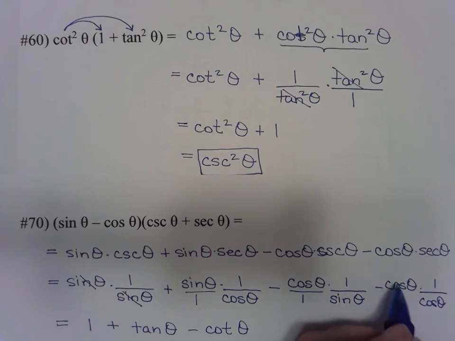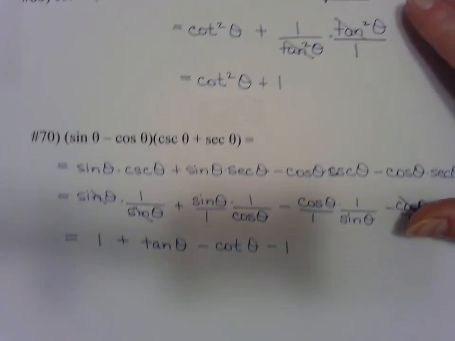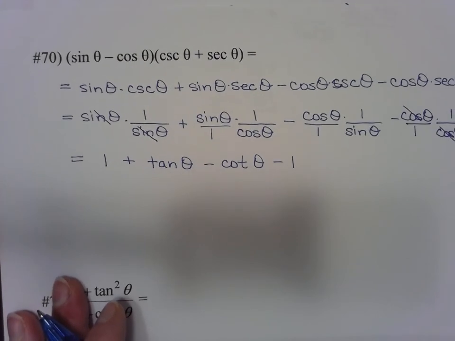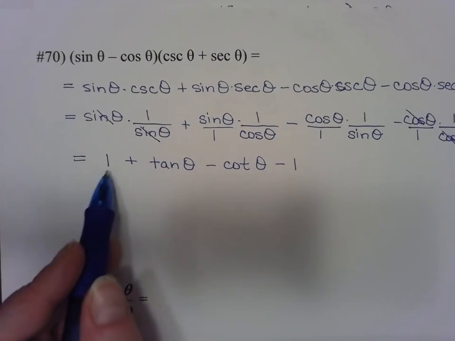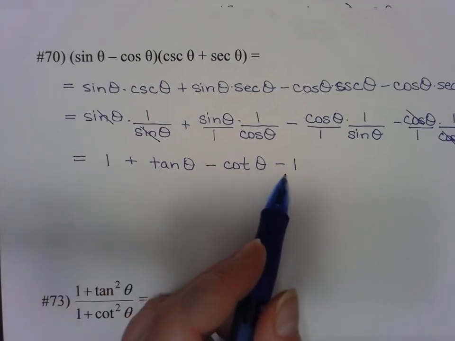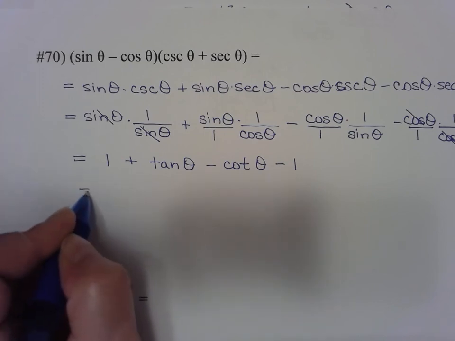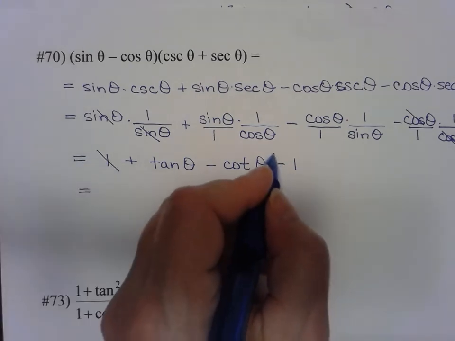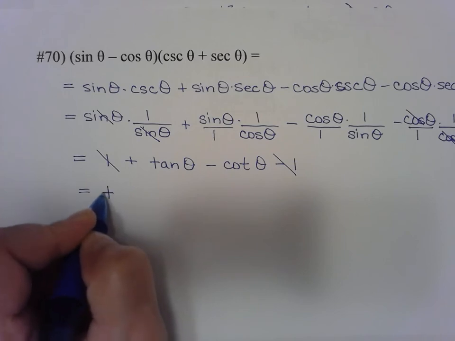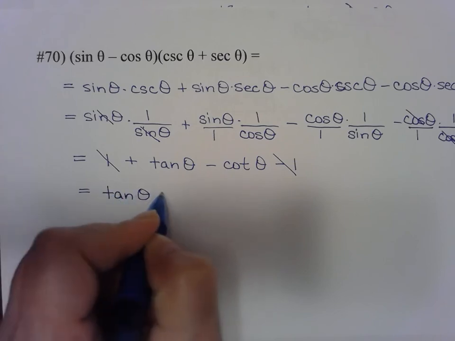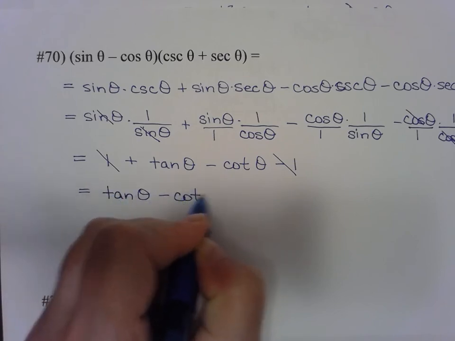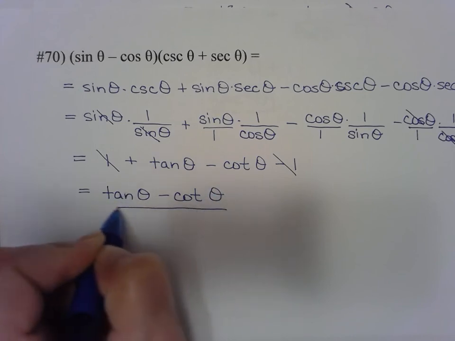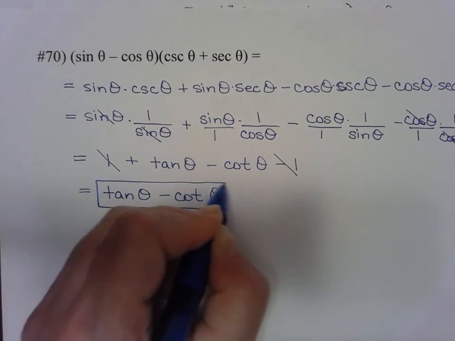And then these cosines are going to divide out to be 1. And now we have 1 and minus 1. So these are going to add to 0 or cancel out. So we're left with the tangent of theta minus the cotangent of theta. And that's about as simple as we can make it.